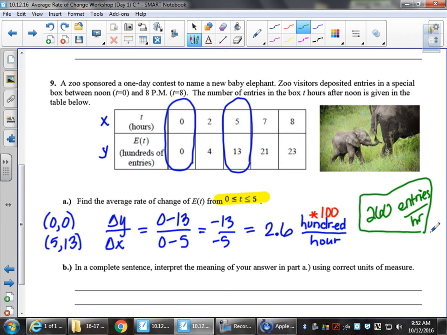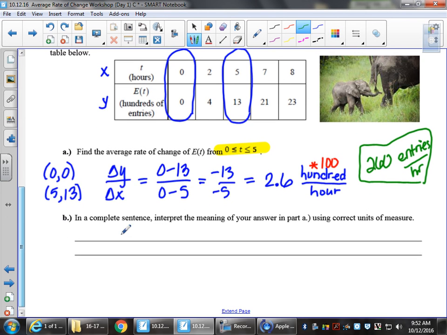Part B is just talking about what does this mean. So it would be on average the first 5 hours, the zoo got how many entries per hour? What did you just find? Don't overthink this part, okay? It's just we're saying from noon to what time?